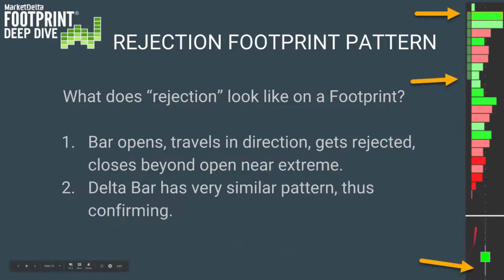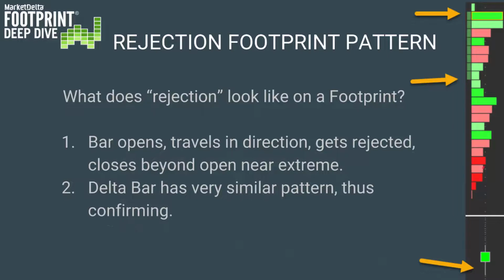We've got a footprint with our delta bar, and this thing opened here, traded down, was rejected, and closed at or near its high. This is a pretty good example. I would like to have seen the body a little more compressed, but things aren't perfect when you're trading. They never are. And so the main idea here is to understand what we're seeing.